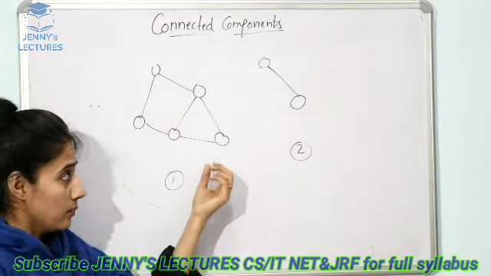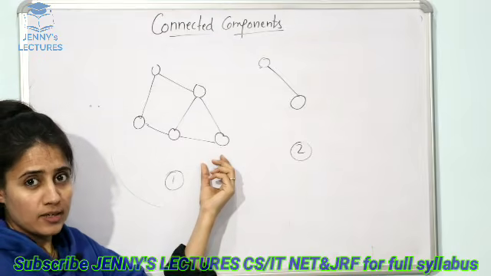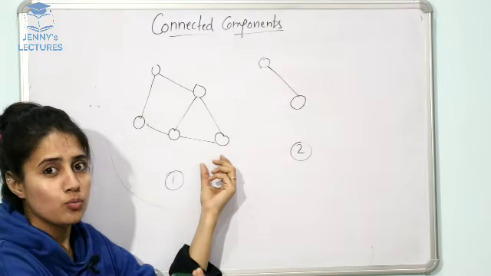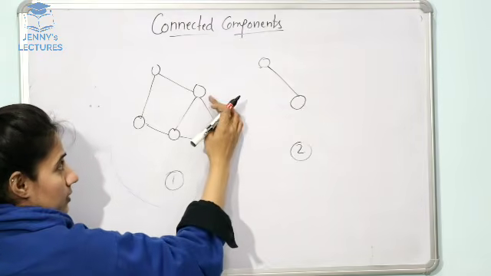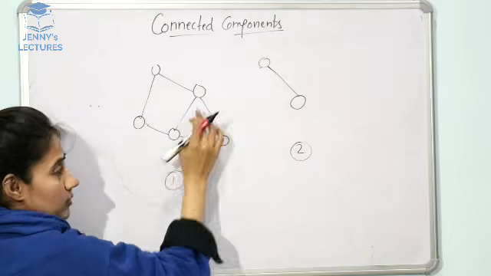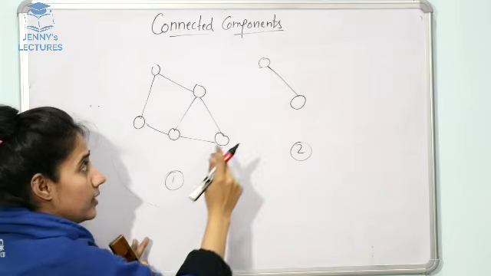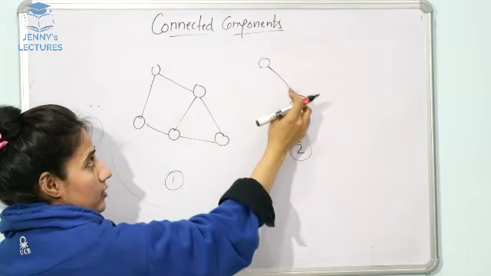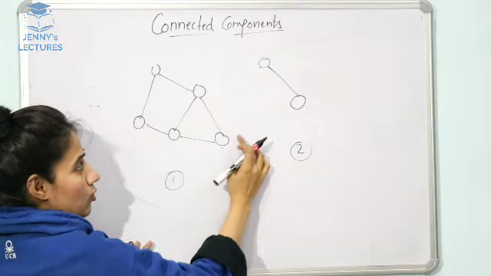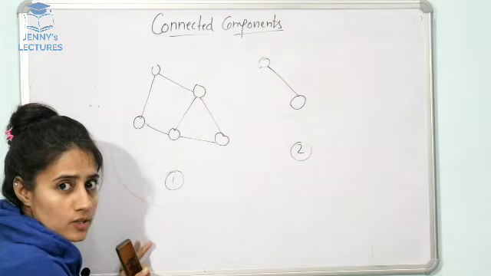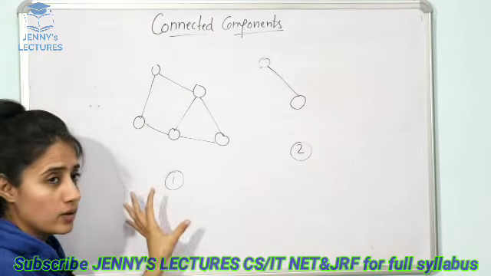No vertex is connected with any other vertex in the supergraph. The supergraph is this one, and no vertex of this component is connected with any other vertex, because in the supergraph we have 2 more vertices, but these vertices are not connected with these vertices. So this is what a connected component is.